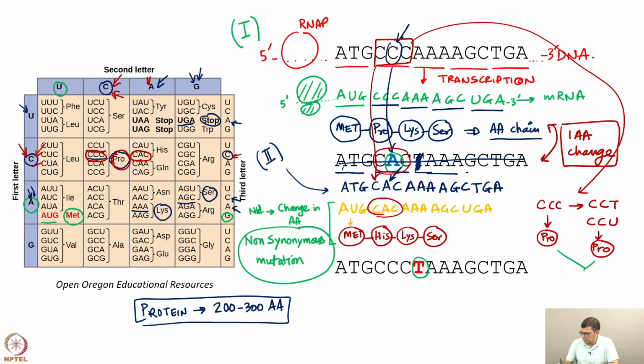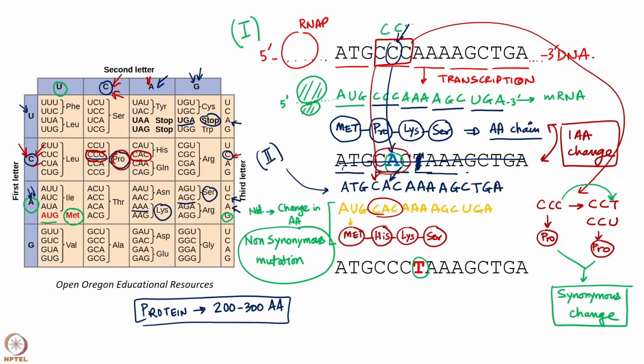On the other hand, this change of C to a T, because it did not result in a change of amino acid, and both the sequences have the same amino acid sequence, is called a synonymous change. Meaning that even though the DNA sequence changed, the resulting amino acid sequence would be exactly the same in either one of these two cases, whether this was CCC or CCT. That is an example of a synonymous change.